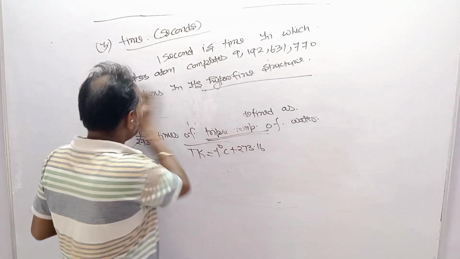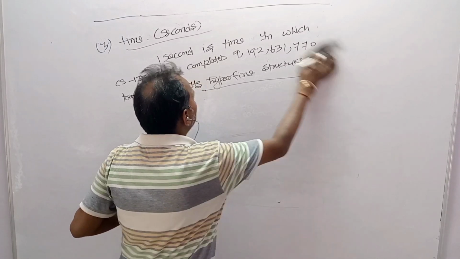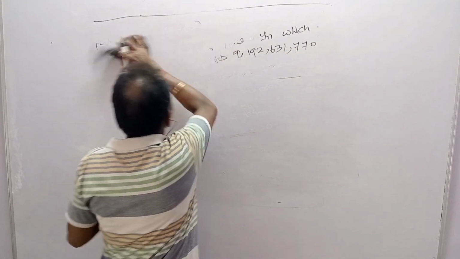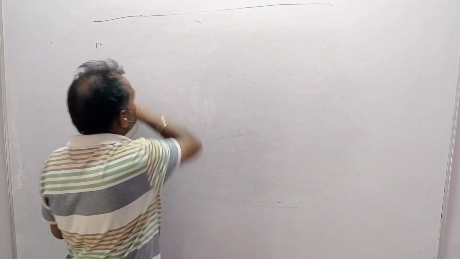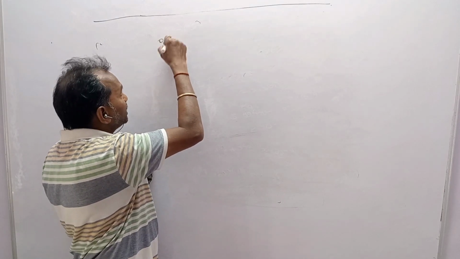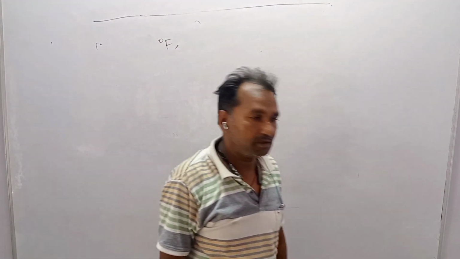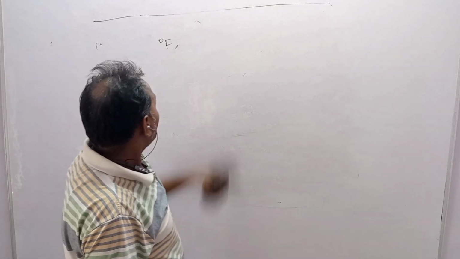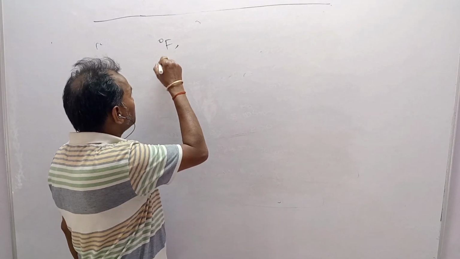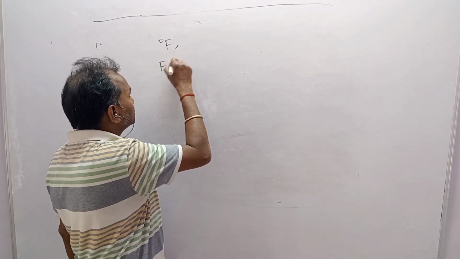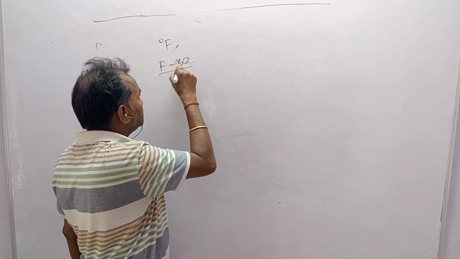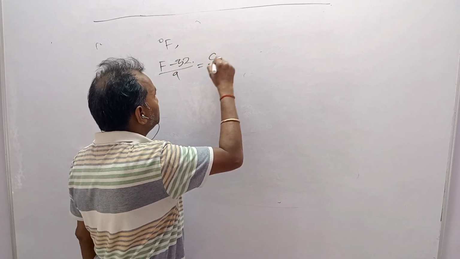Dear students, another unit of temperature is degree Fahrenheit, that is used by our doctors. How can you relate them? F minus 32 over 9 is equal to C by 5.